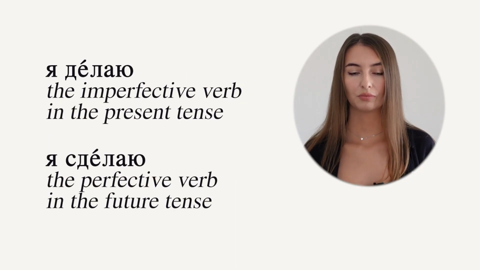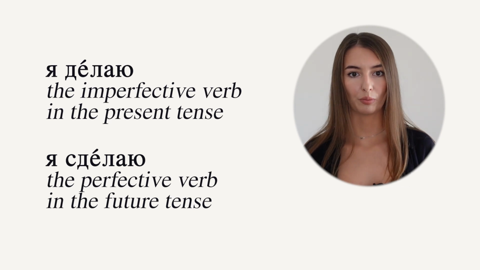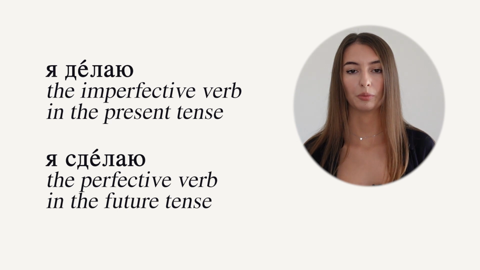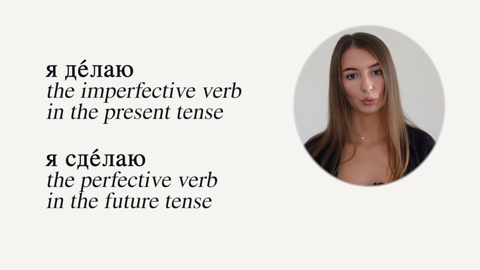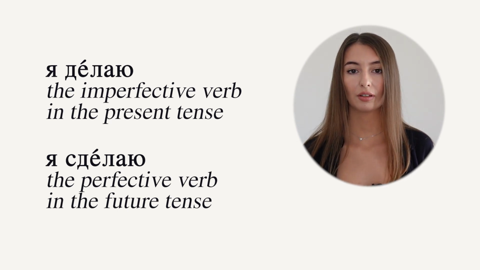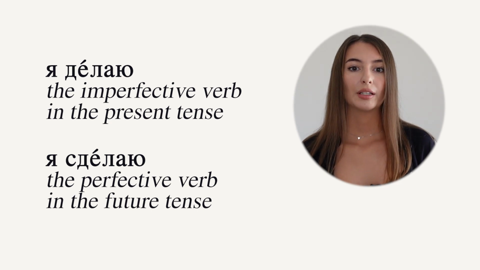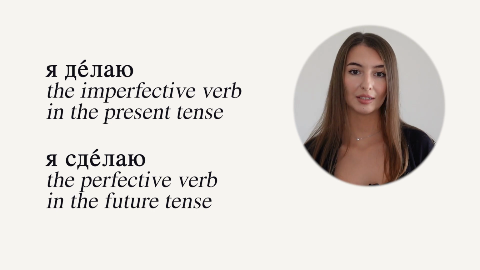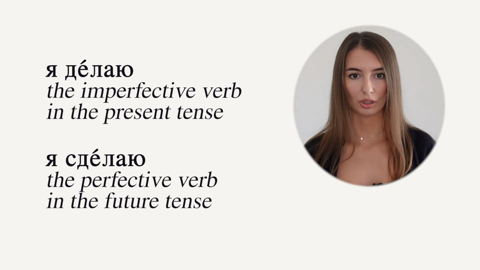Я делаю is the imperfective verb in the present tense. Я сделаю is the perfective verb in the future tense. Even though the verb in the perfective aspect looks like it is in the present, it's actually in the future.